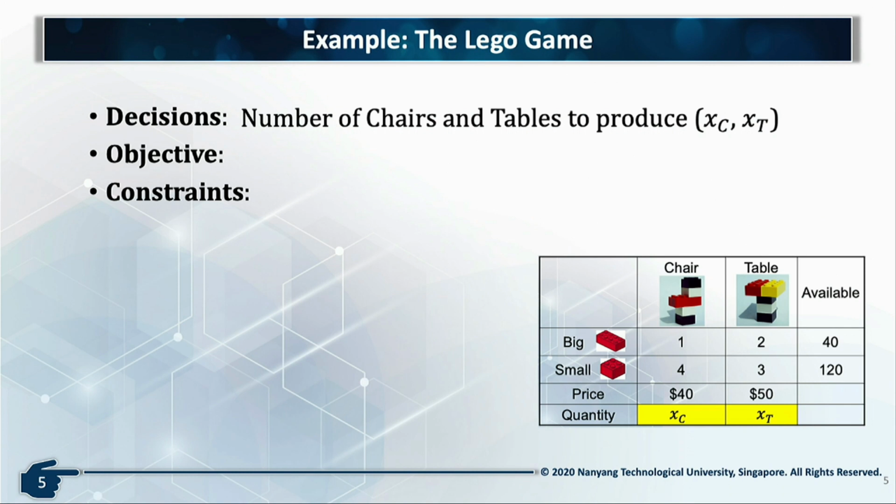Use xc to denote the number of chairs to produce, and xt to denote the number of tables to produce. Okay? With this production plan, we must have some goal to achieve, right? You make such a production plan in order to maximize the revenue generated, right?